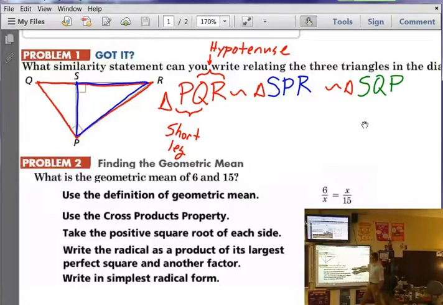SQP. Start at my right angle, take my short leg, take my hypotenuse, come back. Perfect. Any questions on why we did the order we did? You want each of these to have short leg, then hypotenuse. However you set it up, you could have started differently, and then each of these would be different.